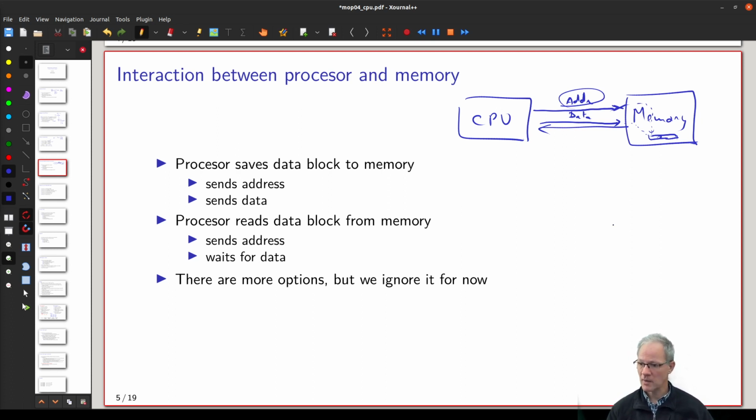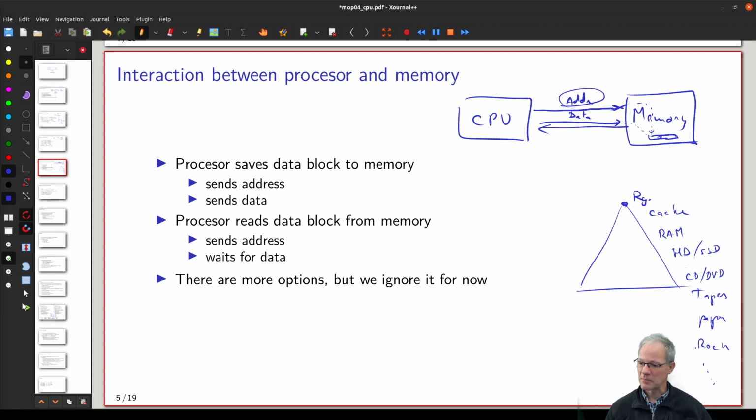There's more to talk about, actually. We could talk about the memory architecture, where the fastest memory is a register, then we have cache memories, then RAM, and then some sort of storage, such as hard drives, solid state drives, for example, and then we may have CDs and DVDs, then tapes, then paper, then rock tablets, for example.